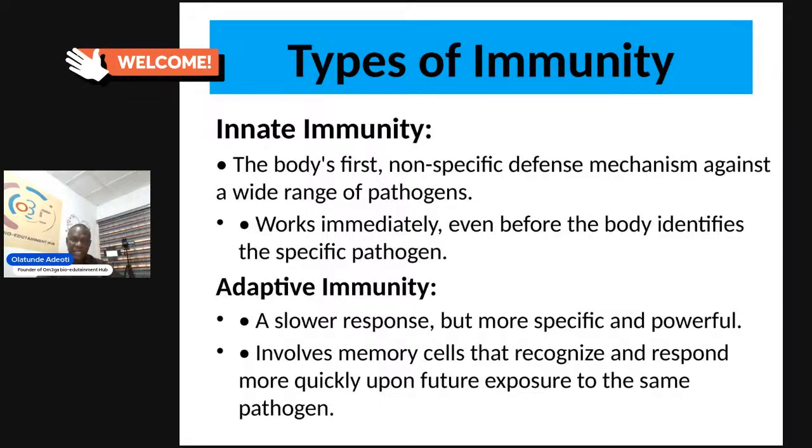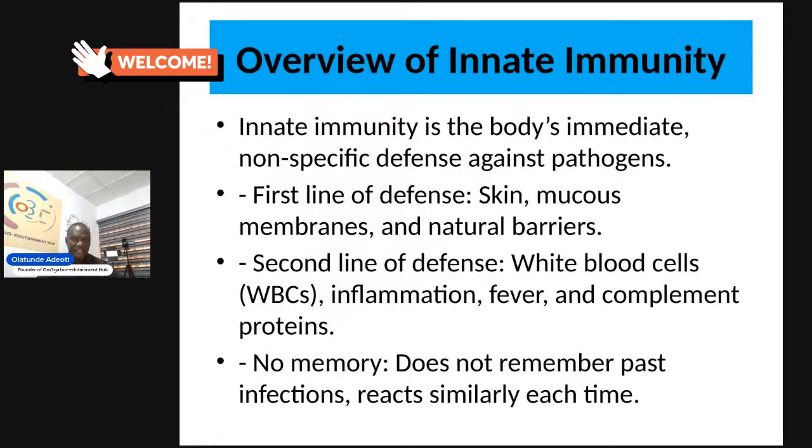And the next one is adaptive, which is slower in response. Sometimes it can take a few hours to feel, in fact, sometimes it can take days before it will be able to react.